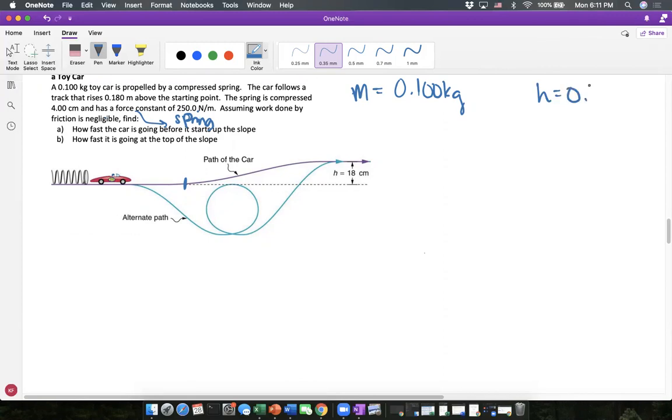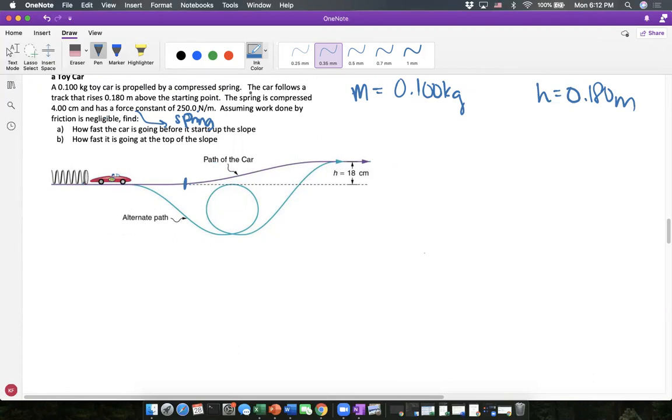We don't need to use this right now since we're only looking at it from when the spring hits the car, basically, and then is let go to this point right before it starts going up this little slope here. So we don't need to worry about this yet, but we'll go ahead and write that down for a minute.